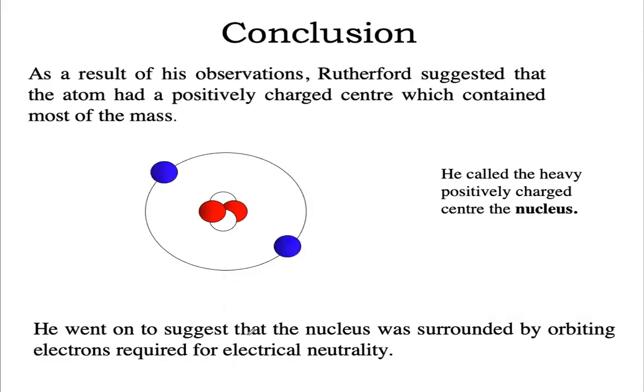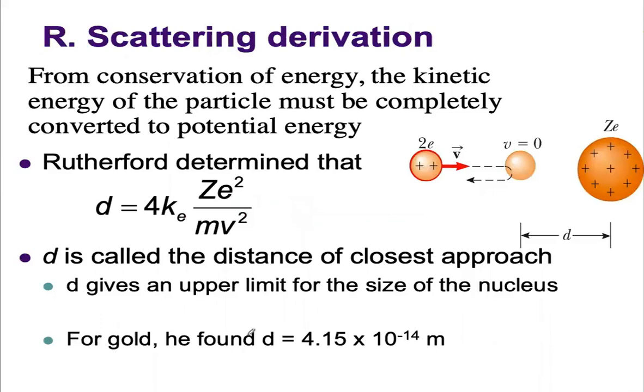And further, Rutherford suggested that these electrons are not stable, they are moving with some energy, and they change their orbits when they gain or lose energy. So if you look at this Rutherford experiment, he gave the idea of conservation of energy.